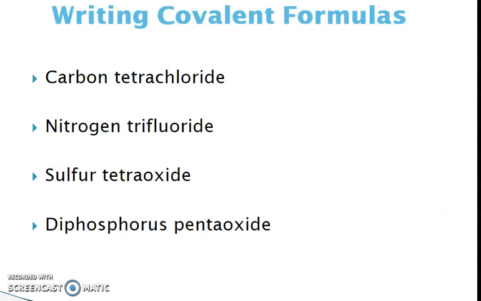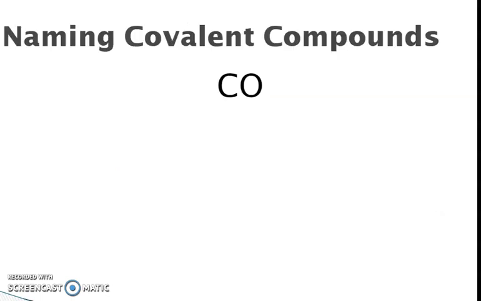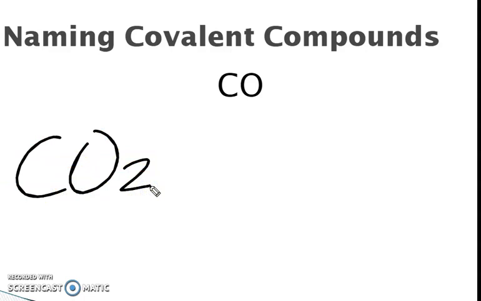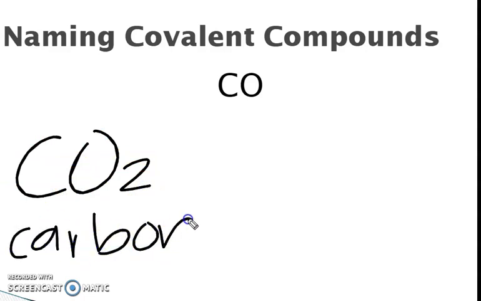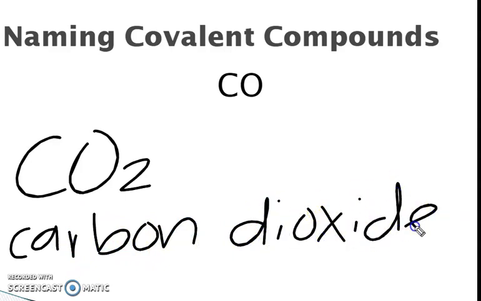Okay, so what about, we already talked about carbon monoxide, so CO. So I always tell students, guys, if you get a little mixed up with this, think about CO2. Okay, you know this is carbon dioxide. Okay, so you know with this one, you are using prefixes. Well, figure out what type of elements these are.